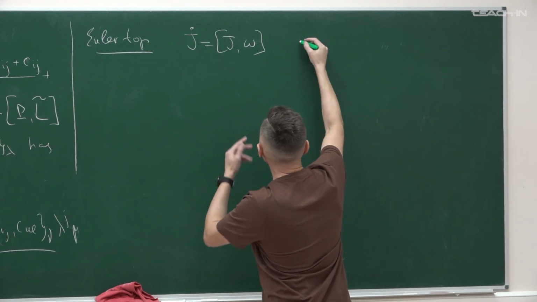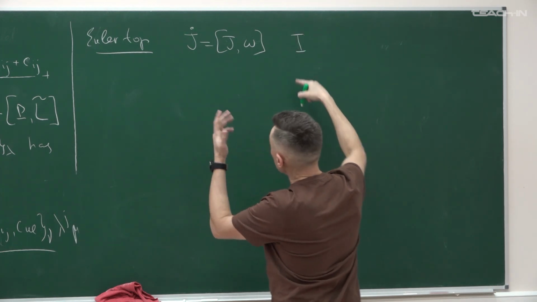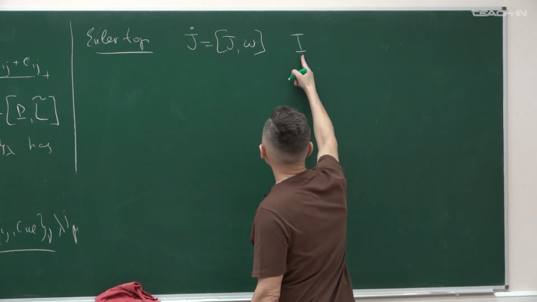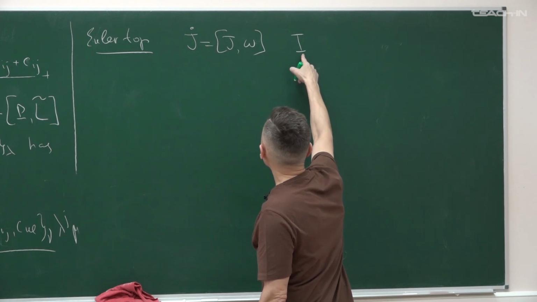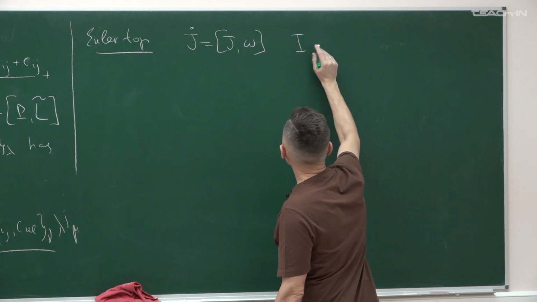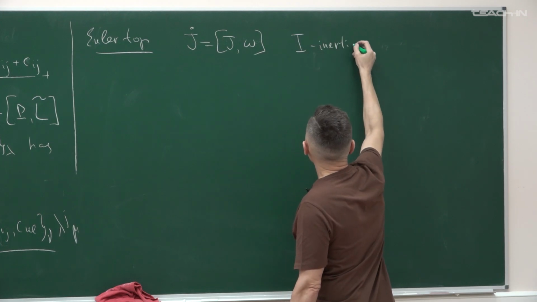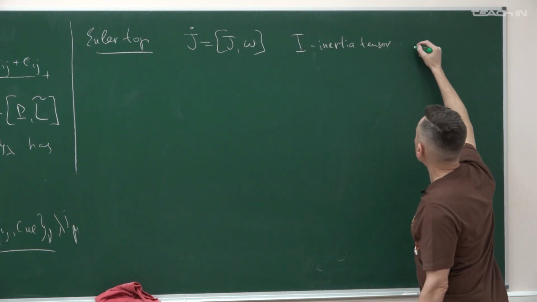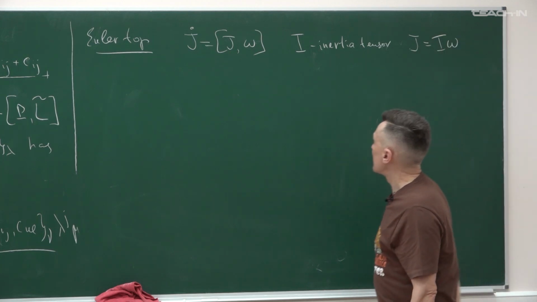We can introduce the diagonal matrix. So it is important that it is symmetric, and in some coordinate system it will be just diagonal, and in this case, so it's an inertia tensor, and in this case G is equal just I multiplied by omega.